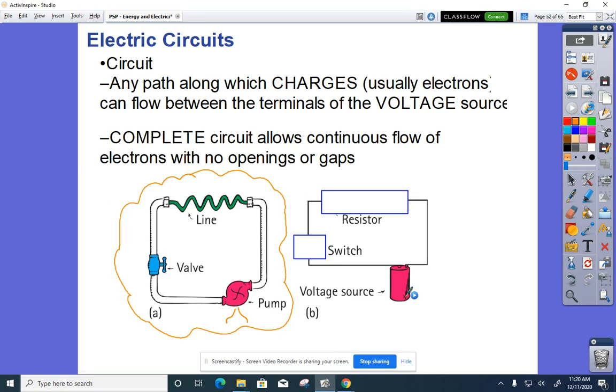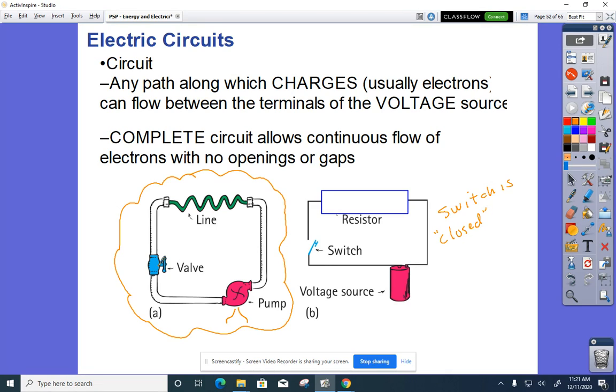Now, a valve in a mechanical system would be there to either turn on or turn off the flow. Well, that would be a switch in an electrical circuit, and a switch looks something like that. Notice the way that we say a switch is closed means sort of the opposite of what you think when a valve is closed. A valve being closed would shut off the water flow.